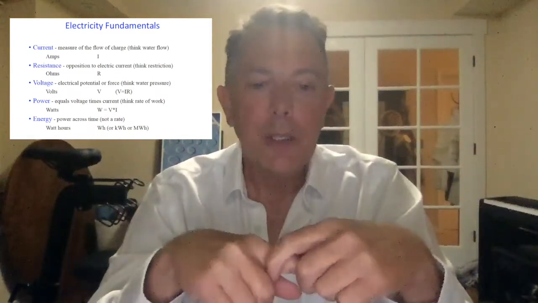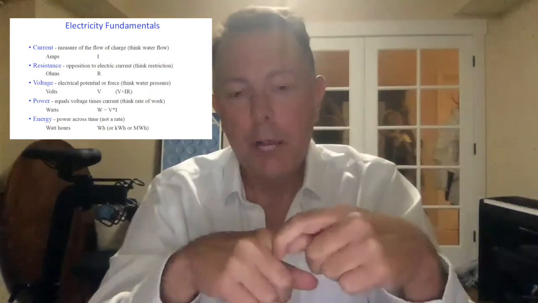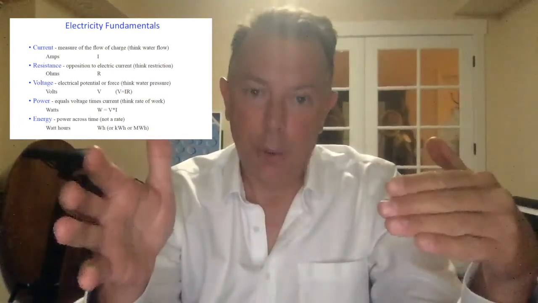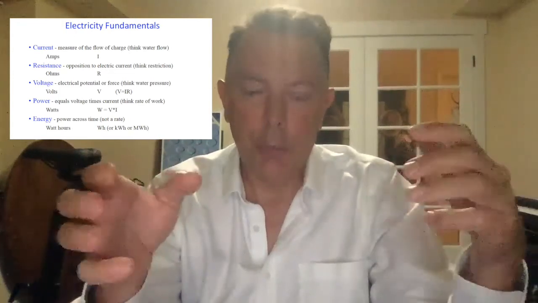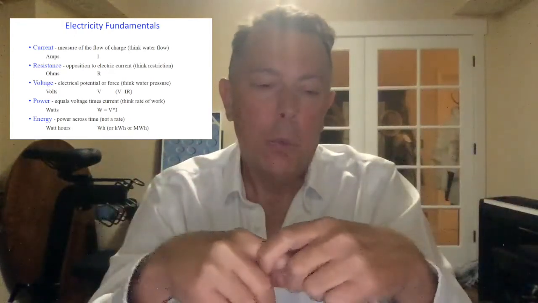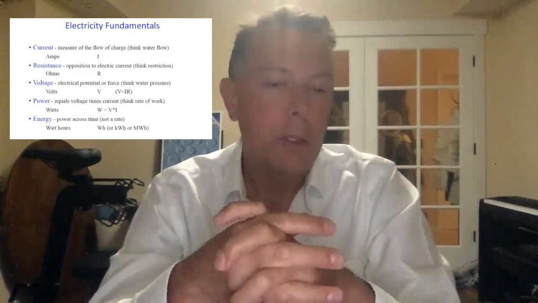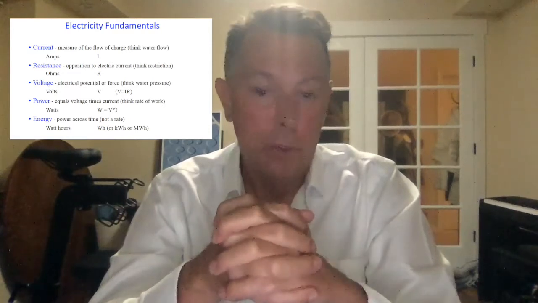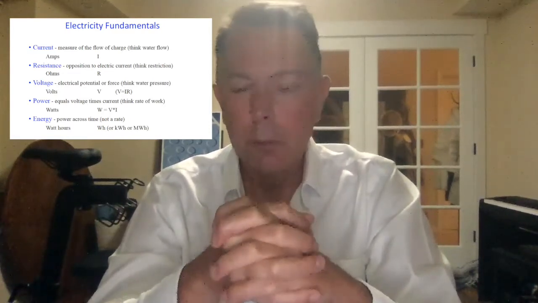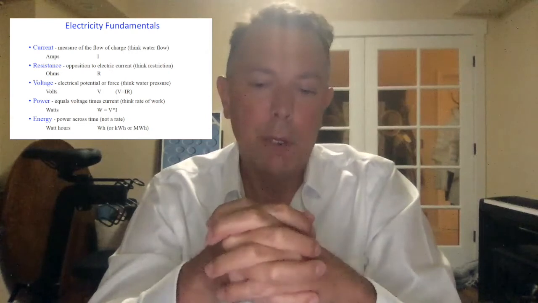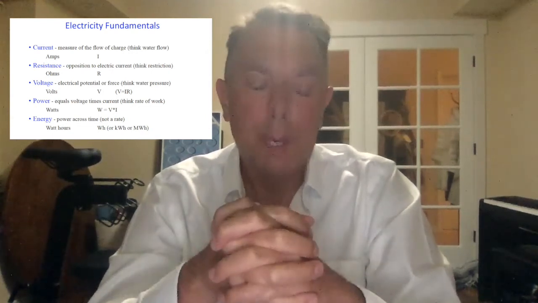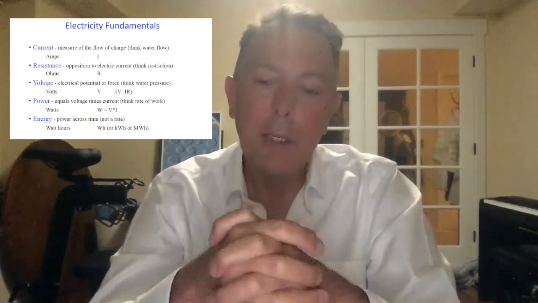That's an instantaneous concept. Power is what you get when you take a certain flow times a certain pressure, and what we get out of that is the ability to do work. What we think of in terms of watts is often what we judge a light bulb or any other kind of device by: what's the power required for it to operate? We'll come back to that in just a moment.